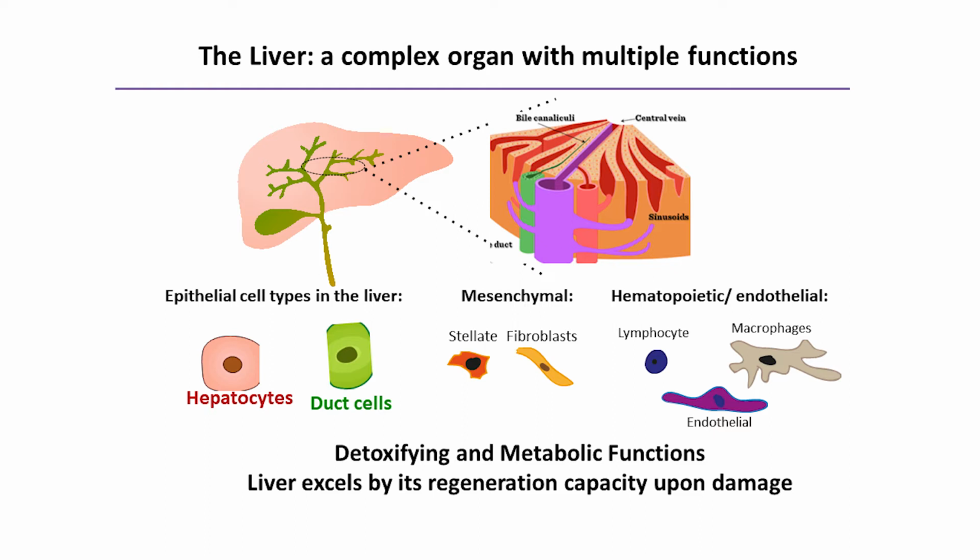This is not what I'm going to talk about today. In my lab, we're trying some of these approaches, but I don't have time to talk about that. What I'm going to talk about today is adult liver organoids that I developed when I was a postdoc in Hans' lab, and how we've exploited them to understand disease mechanisms.